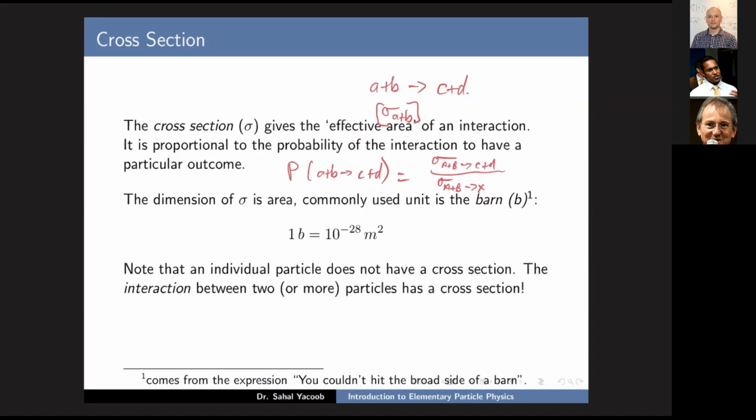Seems like a bit of a weird unit. It's so small in terms of SI units, but that's the scale we measure things at in particle physics. The amount of data we have is in inverse barns, and the LHC is at the inverse femtobarn level. So the cross sections we care about are quite small, and because of that, we use this very small unit called a barn.